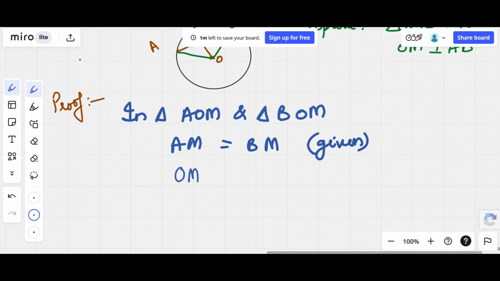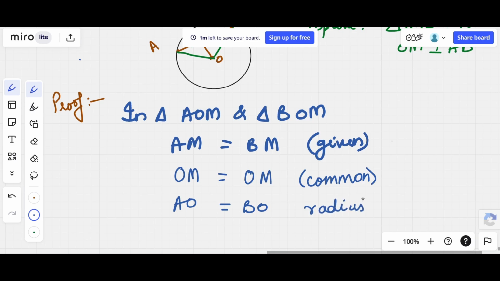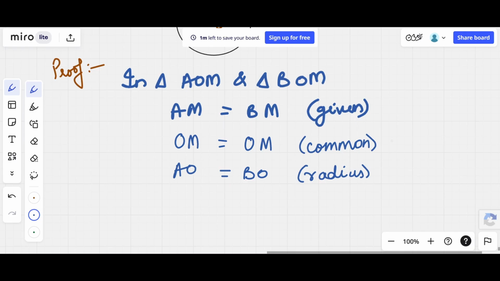OM equal to OM, common, and AO equal to BO, radius. Write it like this. Therefore, triangle AOM is congruent to triangle BOM by SSS.